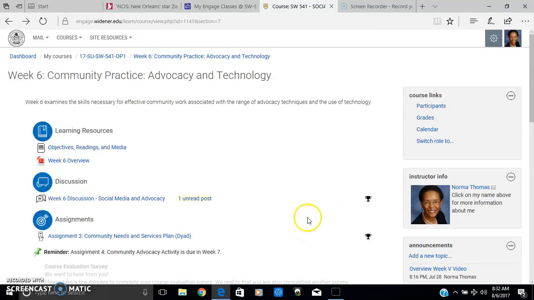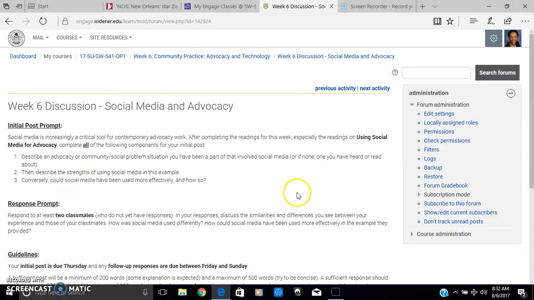Week 6, there's already someone who's posted, but week 6, the discussion board is around social media and advocacy. So for week 6, you are to, after you do the readings, describe an advocacy or community social problem that you've been part of or one you've read about.